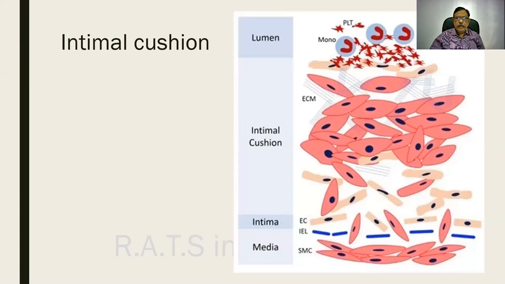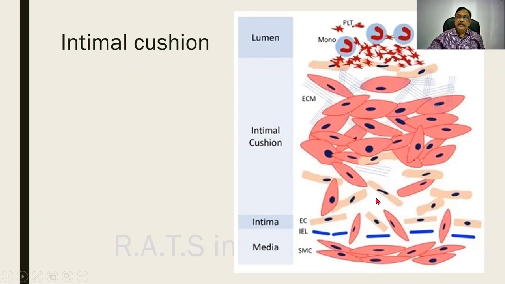The next important one that we should remember is the intimal cushion. We are talking about the morphology of an atherosclerotic lesion. One is an intimal cushion and fatty streak, another one is an intimal cushion. This again is a blood vessel. This is the media, the normal media where there are the smooth muscle cells.